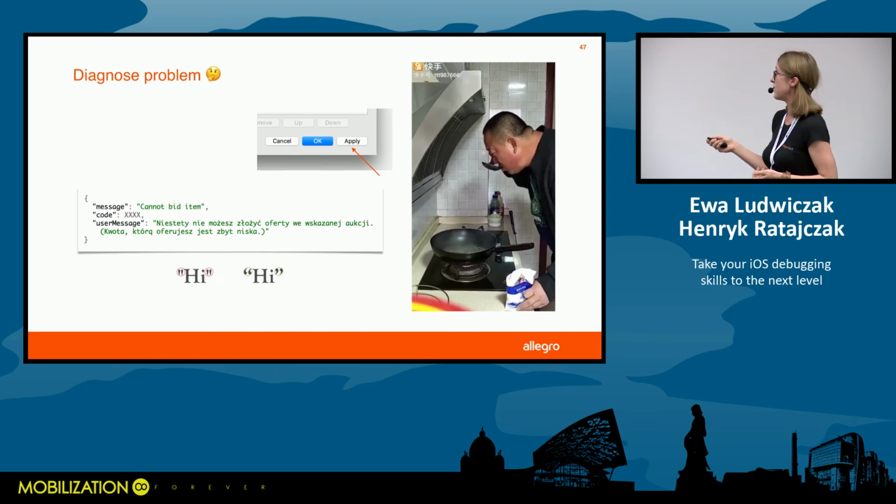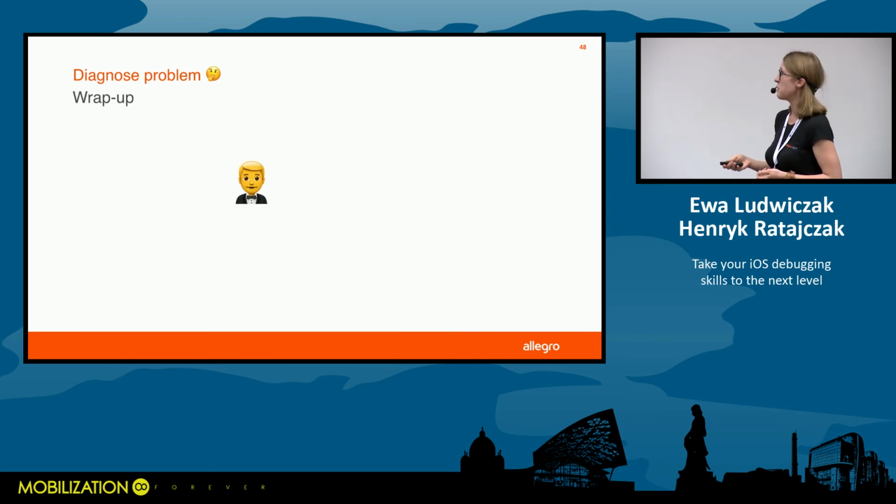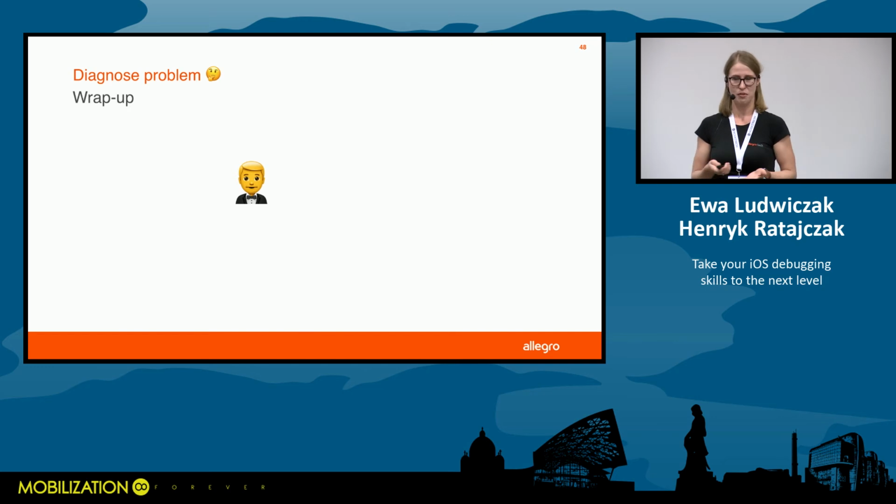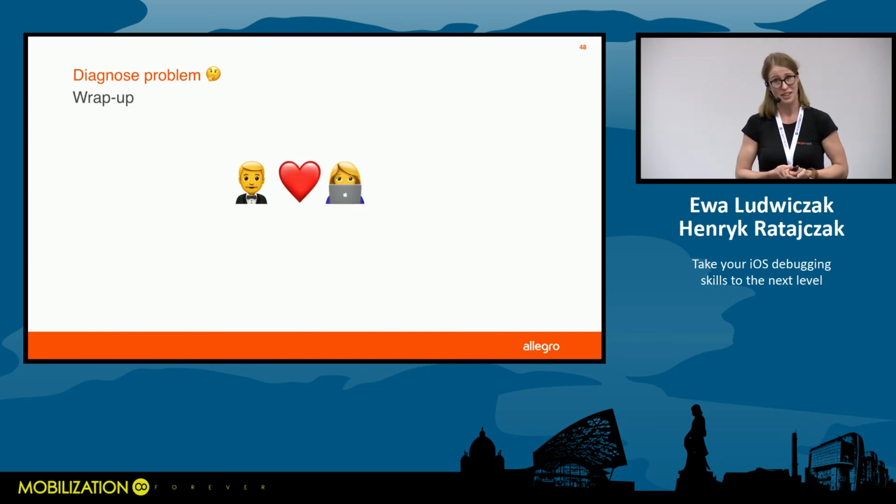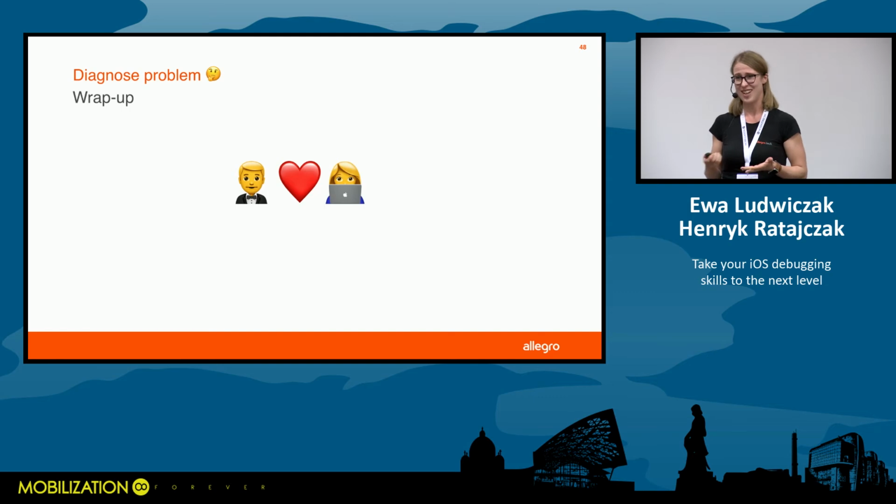And yeah, it appeared that this was the cause of the problem. So to sum up, Charles is an example of an HTTP proxy tool, and we really love working with it while debugging, testing, and developing. And if you are not yet using a proxy tool, we truly recommend it.